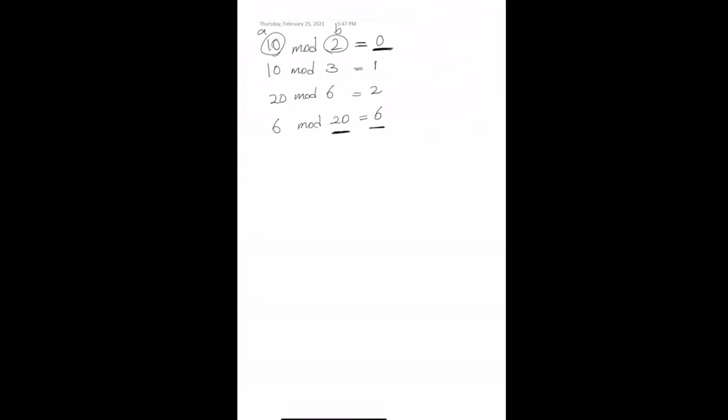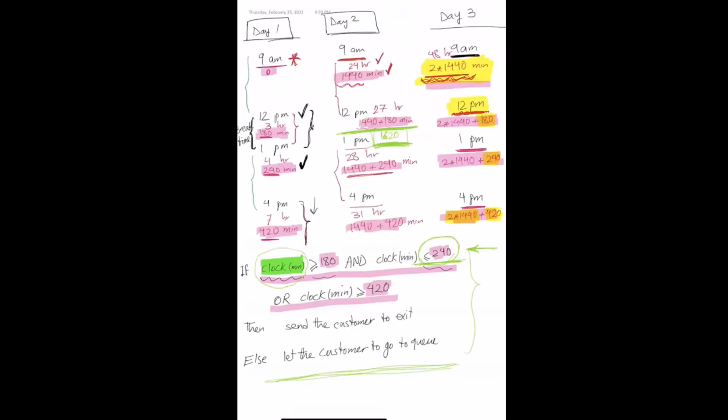I'm going to use this function to see how I can modify the condition that we wrote here to be able to run the simulation not only for 1 day, but also for day 2, day 3, and so forth.